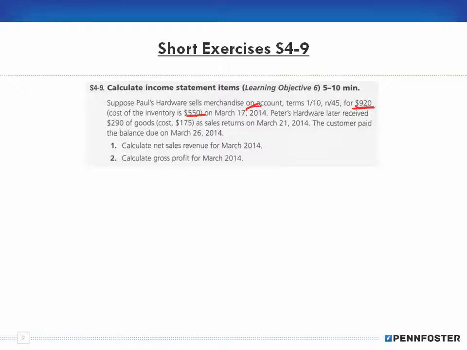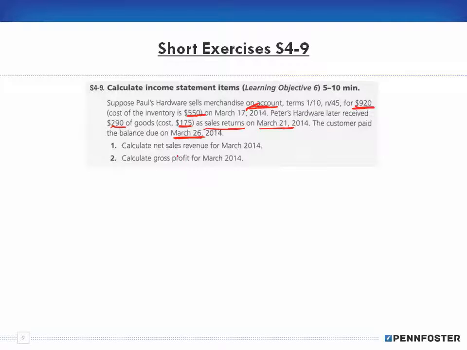So it's on account, $920, and the cost is $550. Paul's Hardware later received $290 of goods, with a cost of $175, as sales returns. So we're talking about returns and allowances on March 21st. The customer paid the balance due on March 26th.